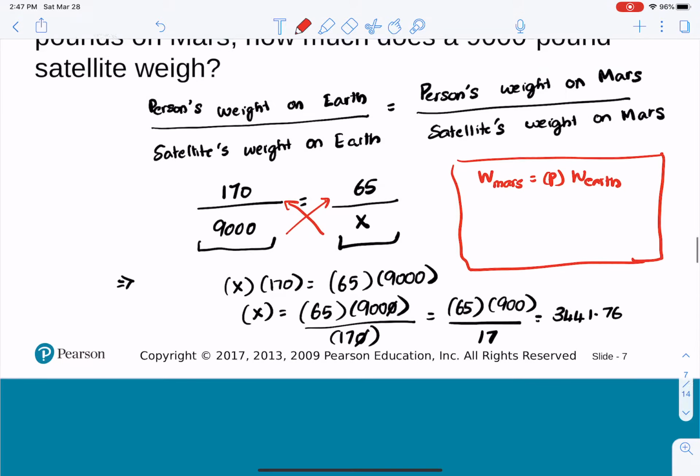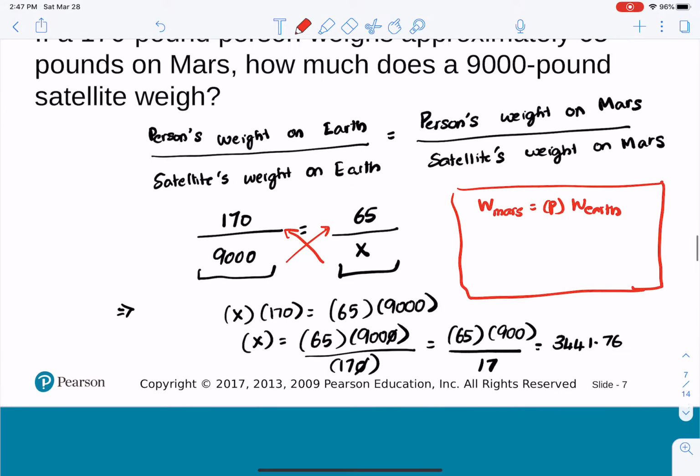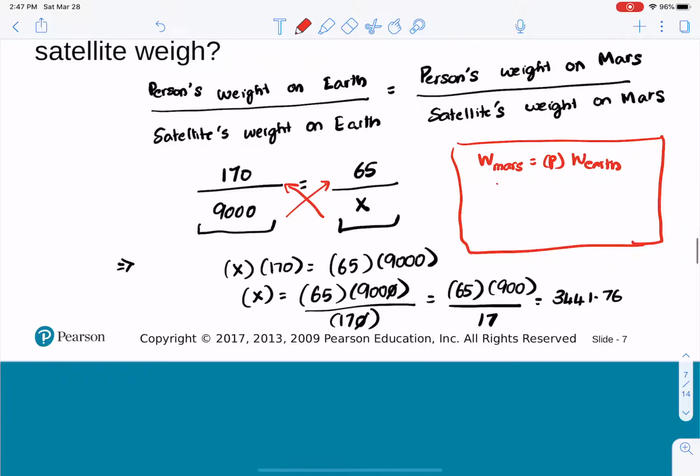So we want to solve for that p. We know if a person weighs 170 pounds on Earth, then it is 65 pounds on Mars. So the value of p is 65 over 170, so we would have 0.38235.